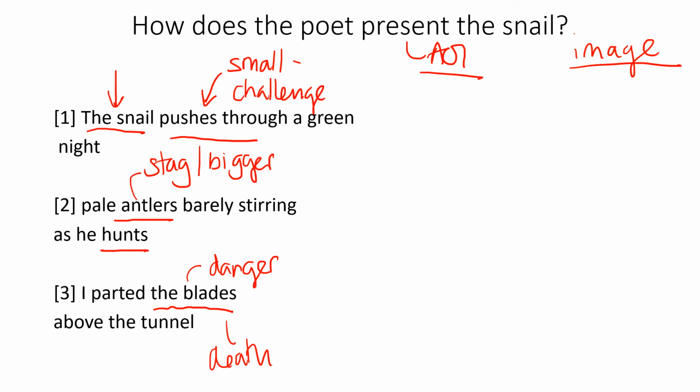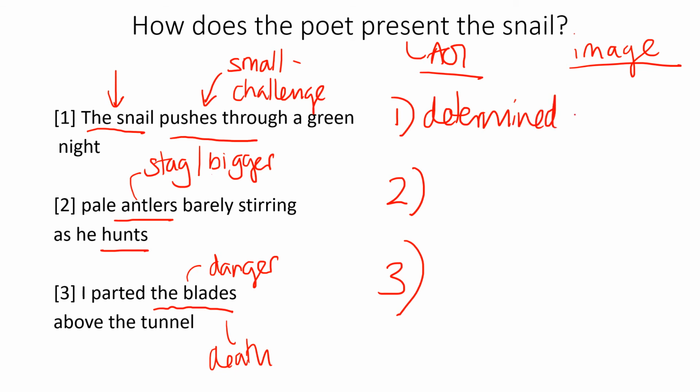So what we could say is that there is this idea of 3 separate things that we see in the poem. So we can start thinking about what words we could use. So thinking about that question, how does the poet present the snail? Well, if we look at that first image, we can see how actually it's very, very determined.